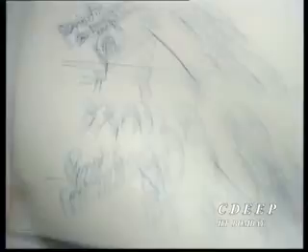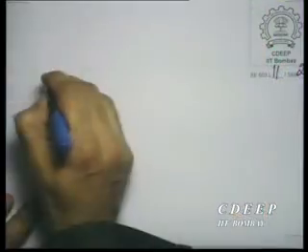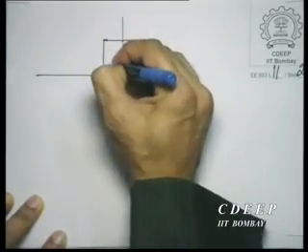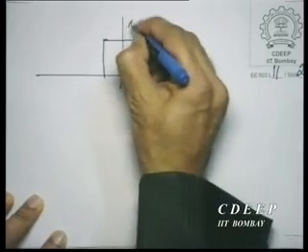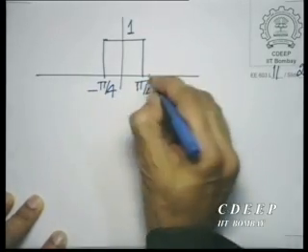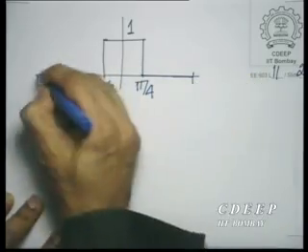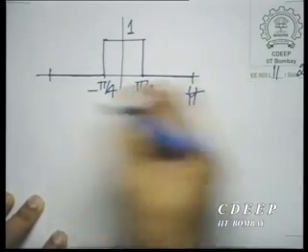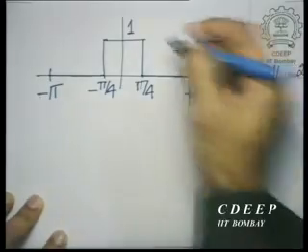Now, let us take an example to illustrate this idea. Let us take the very simple discrete time Fourier transform, which is 1 between minus pi by 4 and plus pi by 4 and 0 else, and we will assume that the discrete time Fourier transform is 0 phase.